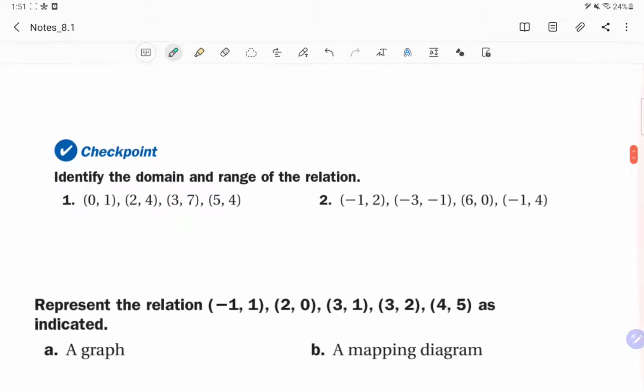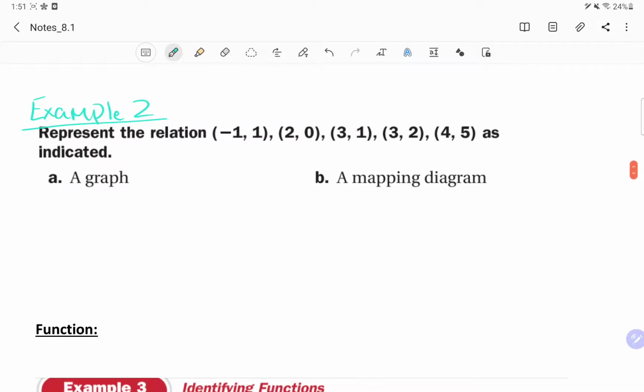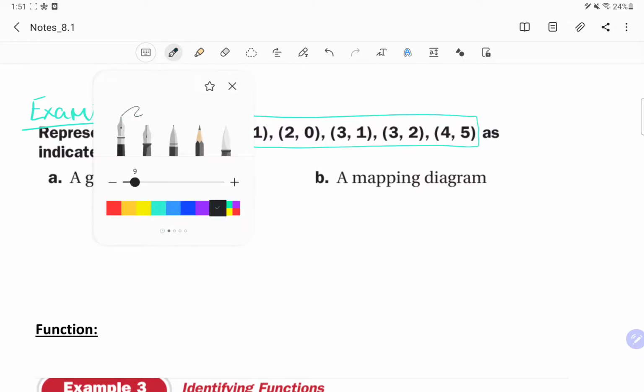We're going to skip over number 1 and number 2 checkpoints, and we're going to look here at what should be labeled as example 2. This says to represent the relation. So here's our relation, our set of ordered pairs. Represent this relation as a graph and then as a mapping. Let's start with a graph.